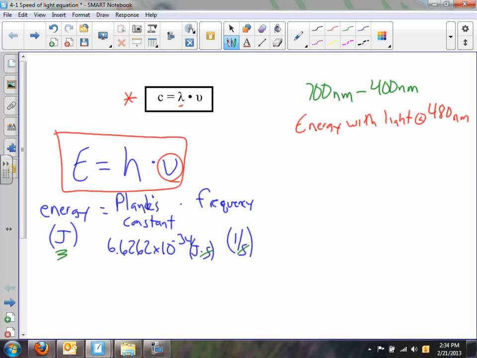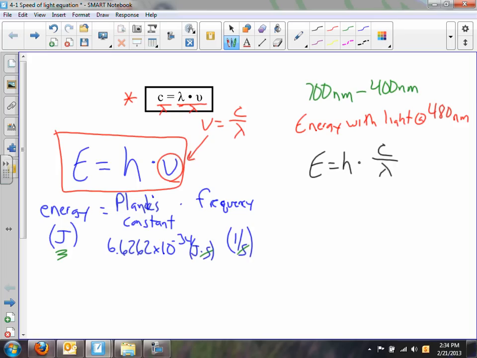If I look at my speed of light equation, frequency would equal c divided by lambda, just by dividing both sides by wavelength. Once I have that, I can substitute in for this equation, which means my energy really is h times c divided by lambda.